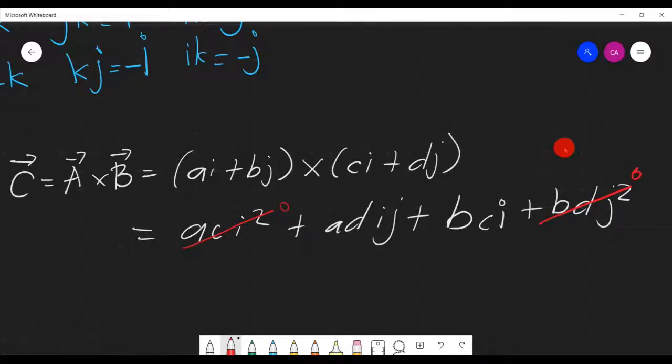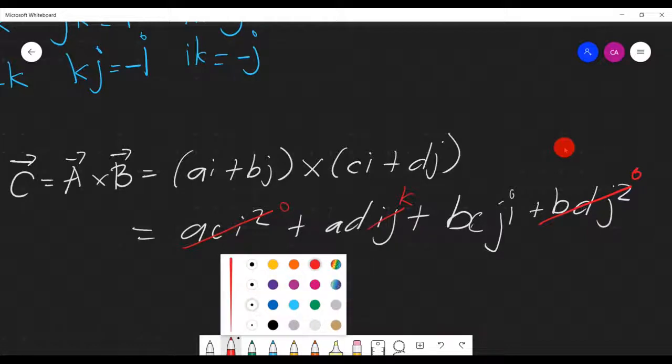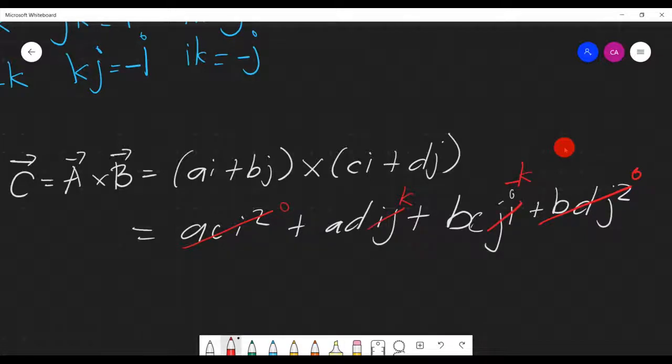This is 0. And ito ay magiging k. At yung nakalimutan ko isulat pala dito yung j. This is ji. Okay, so print ko lang. So this is BC ji. Okay, so this is negative k.